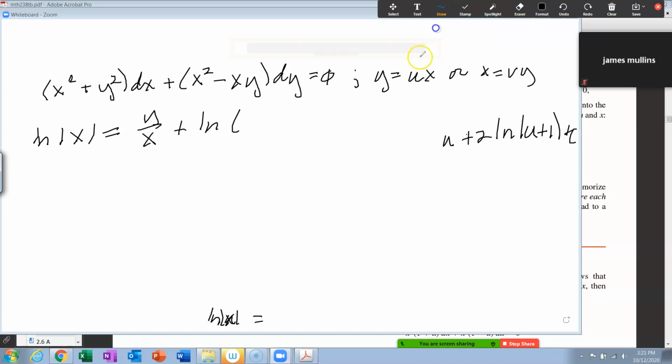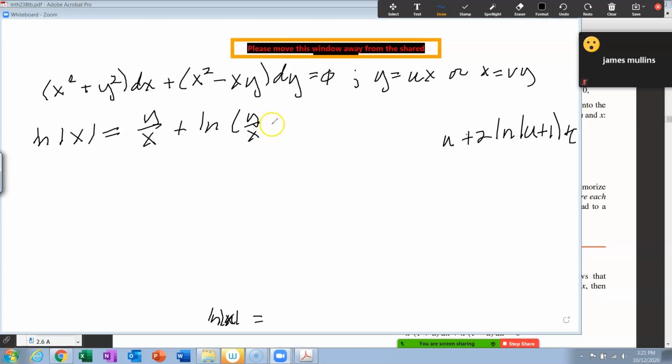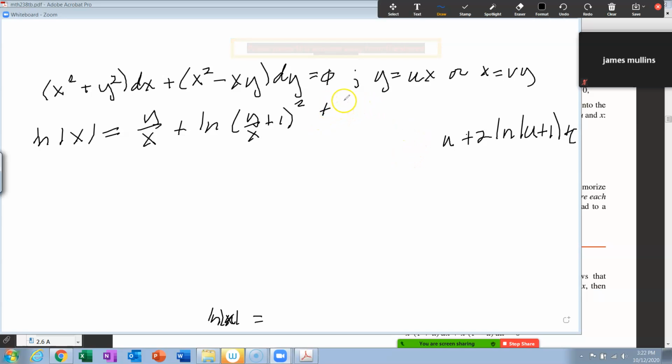Y over x plus 1 squared. And see, I can lose my absolute value bars because the 2 in front is going to square that. Okay. And then we're going to have a plus c, and as the book did, they're going to make that a plus log c rather than, and we'll see the reason in a minute.